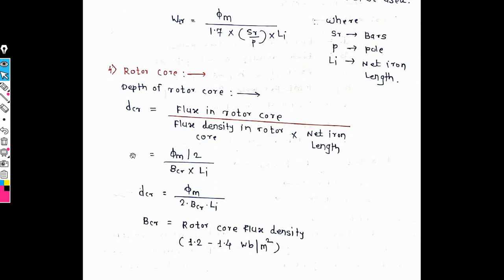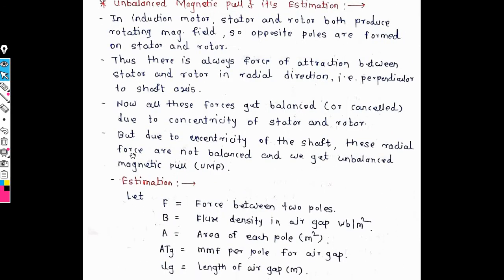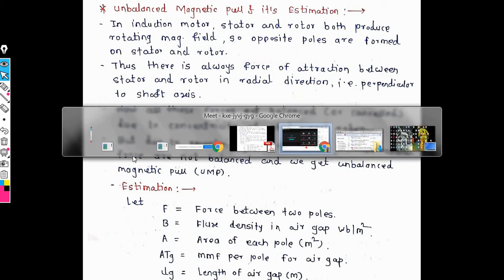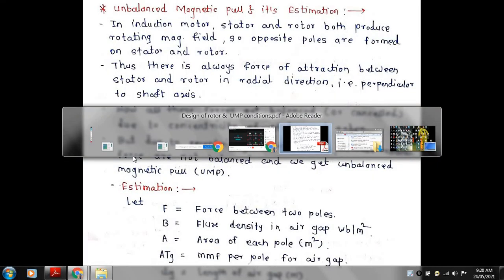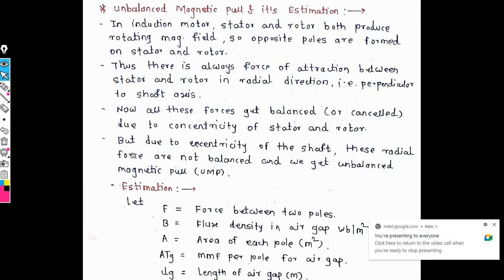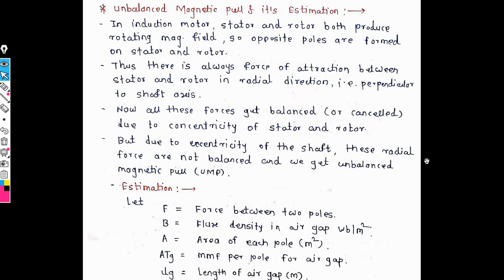This is the last point in unit number 5, that is unbalanced magnetic pull condition. In unbalanced magnetic pull condition, we have to calculate all the parameters required for it and their symbols. The induction motor consists of stator and rotor, and both depend on the rotating magnetic field.